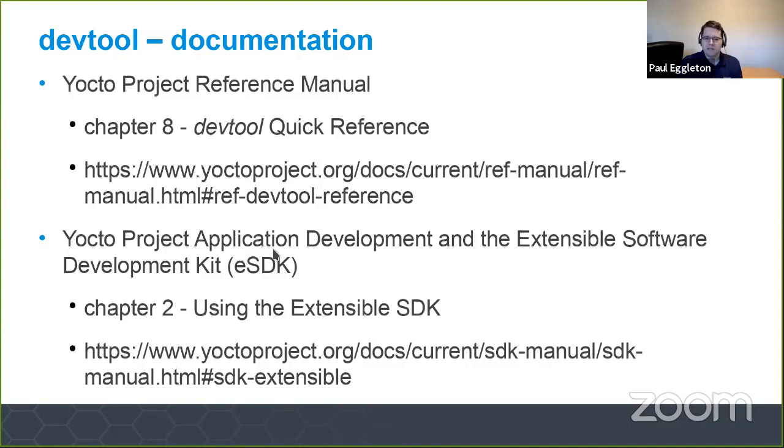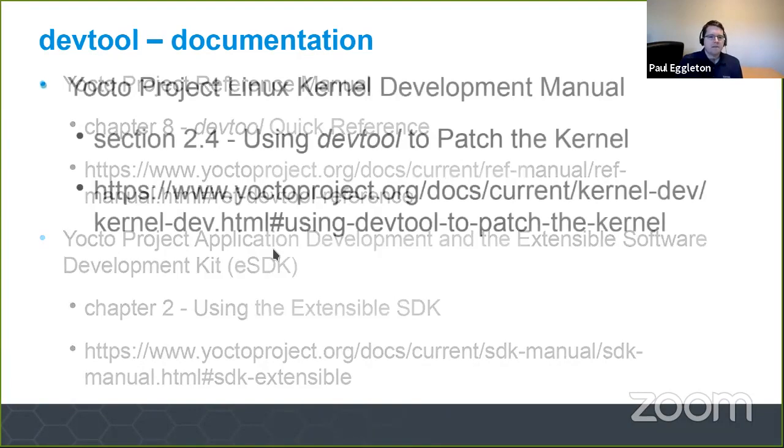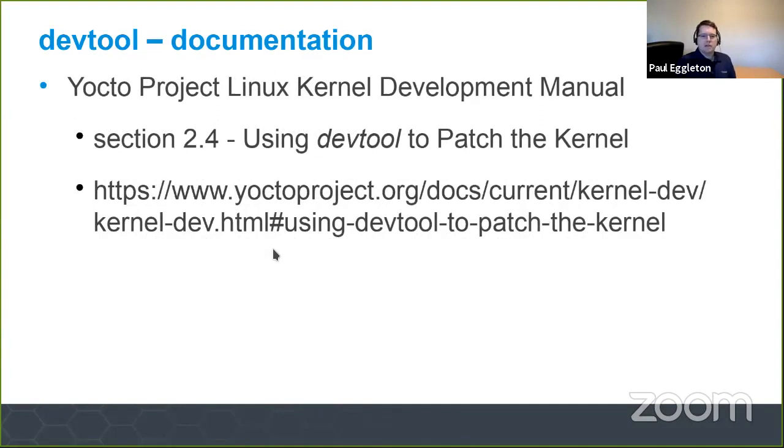Hopefully, the instructions that you find in the SDK manual about using devtool are completely applicable to using devtool next to the build system. So just have a look there, and the links are in the slides. And we've got other references around the place to devtool as well, including specifically for kernel.